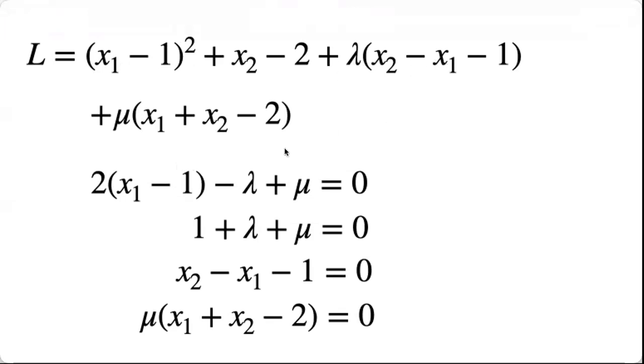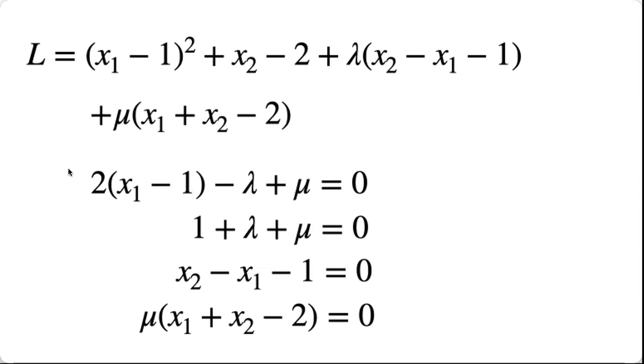Oh right, it is correct, we have a minus here, so it is minus lambda, because it's x1 here. And the next one, we have x1 here, so it must be mu. So 2 times x1 minus 1, subtract lambda, plus mu must be 0. We have the first equation.